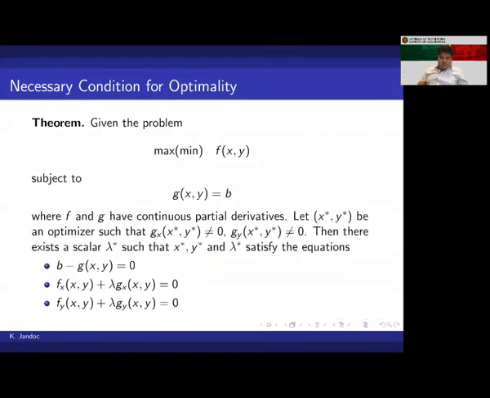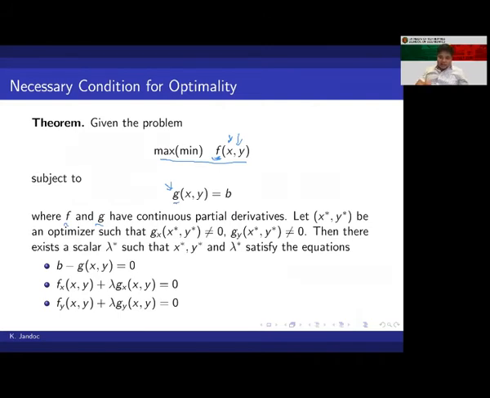So the three conditions that we had in the previous slide characterize this theorem, which gives the necessary condition for optimality. So the theorem goes like this. Suppose you have a problem in which you want to maximize or minimize function f, which is a function of two variables x and y, subject to a constraint g, which is also a function of x and y, which is equal to b. So it holds with equality, and assume that both f and g have continuous partial derivatives.